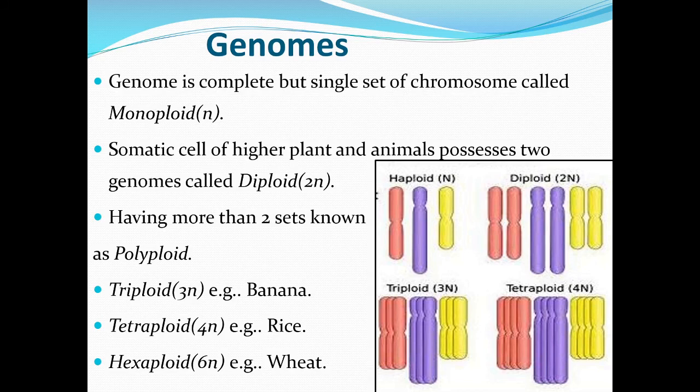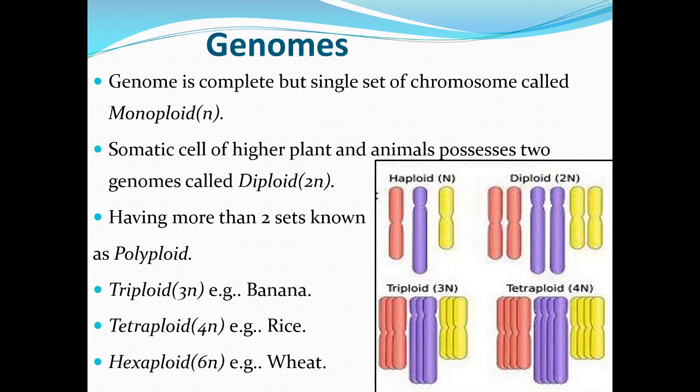The next point is the genome. Genome is nothing but a complete single set of chromosomes, called monoploid or haploid. The somatic cell of higher plants and animals possesses two genomes or two sets of chromosomes. It's called diploid.